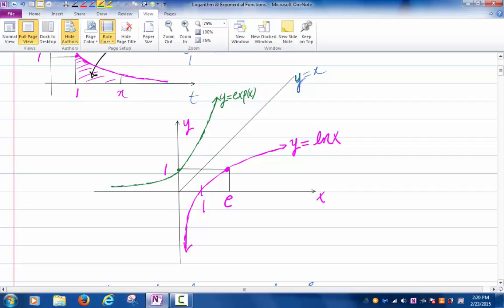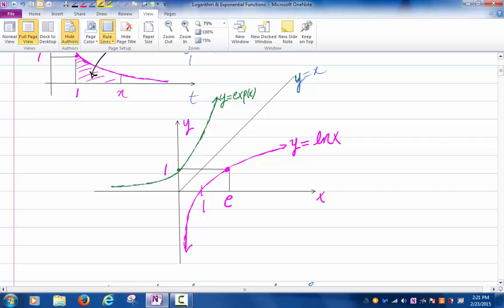Notice, ln of x has a vertical asymptote at the negative y-axis. Because of that, its inverse, exp of x, will have a horizontal asymptote at the negative x-axis. Because what's the reflection of the negative y-axis across y equals x? It's the negative x-axis.